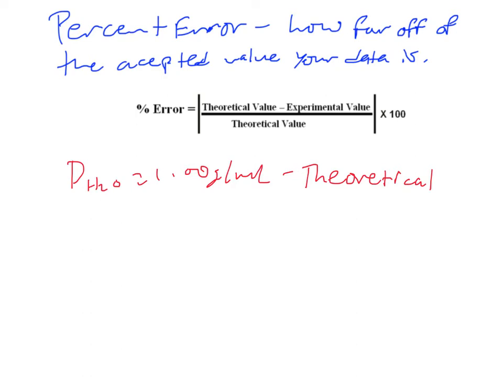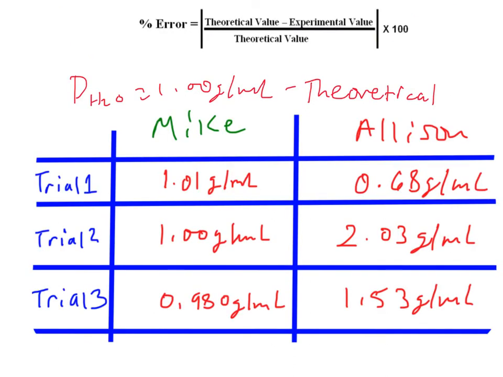Okay, so let's look at the previous example from the earlier video where we ran an experiment on the density of water. Here we have Mike and Allison and their data again. So we have two sets of data. Now, looking up at the formula here, we have a spot for the theoretical value and we have a spot for the experimental value.